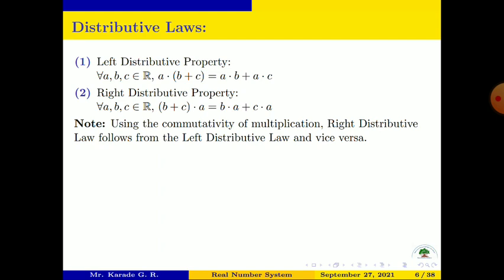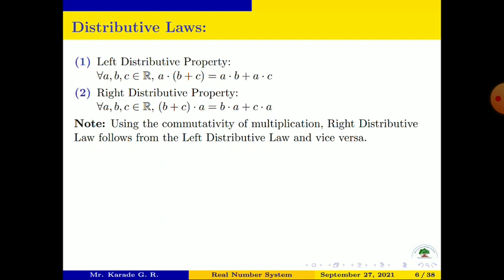In the previous lecture, we studied the properties of real numbers, and lastly, we saw distributive laws in the real numbers, which means multiplication distributes over addition. So, the left distributive law and the right distributive law, these two laws we have studied.